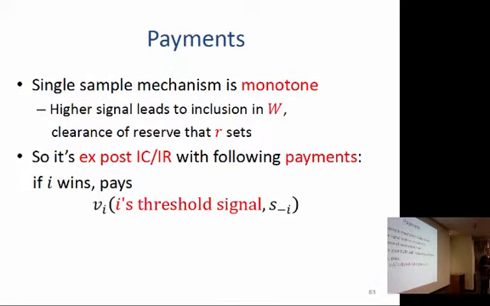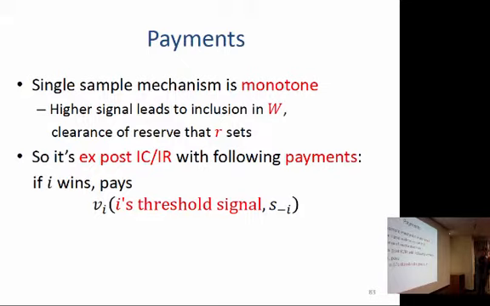Okay. So I'm going to talk about the revenue guarantees of this mechanism. I want to quickly show what the payments look like. First, notice that it is a monotone mechanism. As the signal of the bidder gets higher, it's more likely to be in this potential winner set and more likely to clear the reserve. That means that just applying the form of payments that we get from the Myerson theory, we get ex post IC and IR.